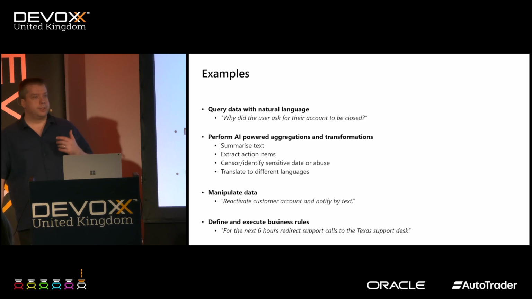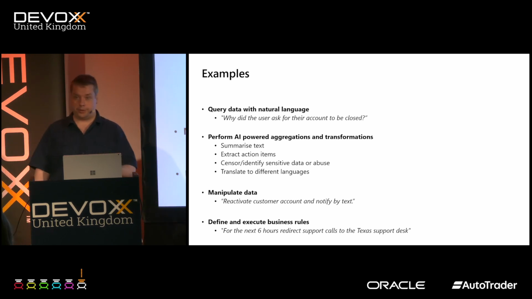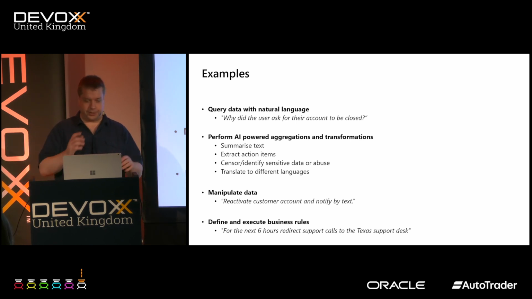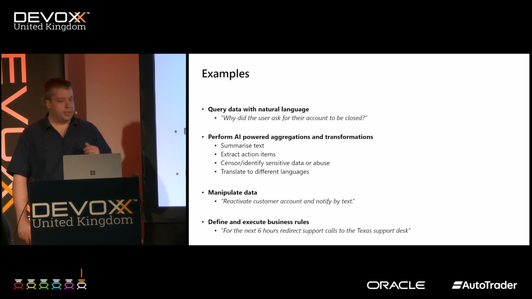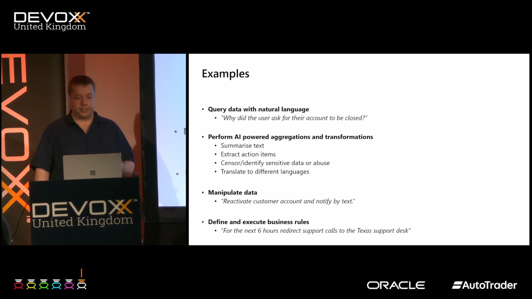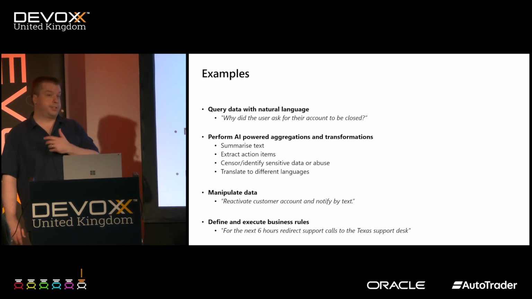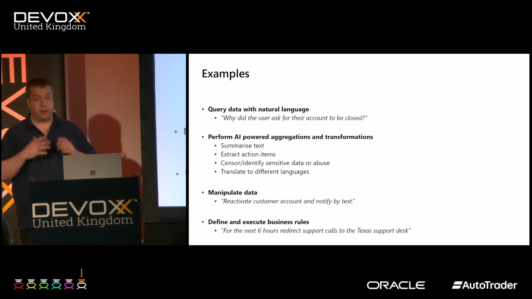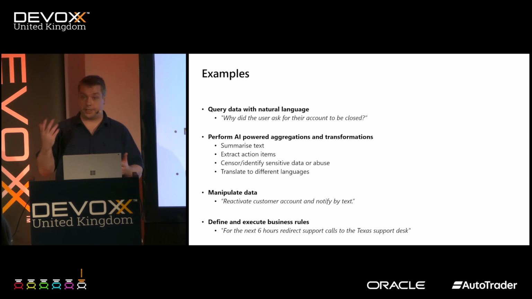As I say, examples of what we can do: querying with natural language, where you don't need to be some kind of expert on how to get the right query. We can do AI-powered aggregations, so summarizing text, extracting action items out of it, identifying people's intent, and identifying abusive text if you want to censor or redact it from user content.